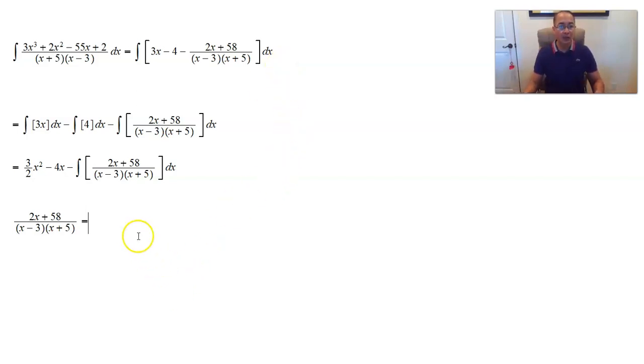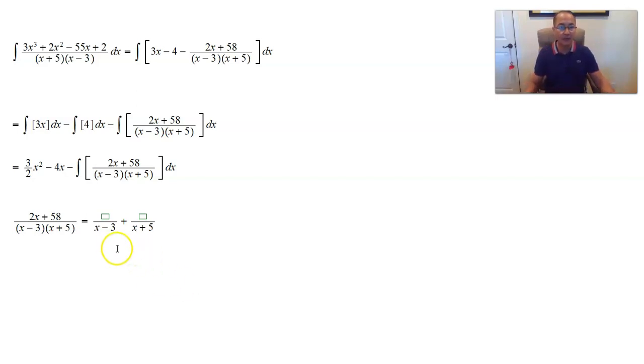So, to do a partial fraction expansion, we're basically going to convert this single fraction into 2 fractions. That kind of makes sense because we have 2 factors in the denominator. So the first fraction will have denominator x minus 3, and of course, the other one will have denominator x plus 5.